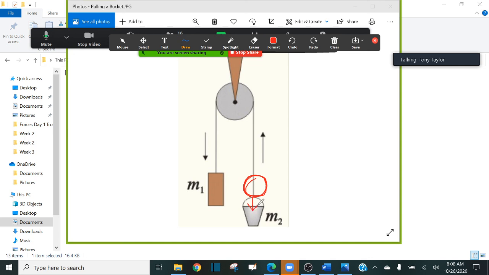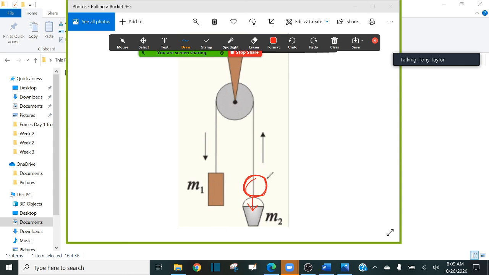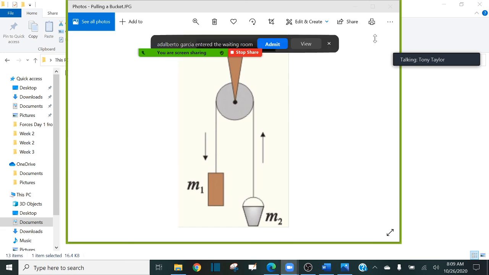That's Newton's third law. For every action, there's an equal and opposite reaction. Not only does the rope pull on the bucket, it also pulls back on the rope. Just keep in mind that that is the force of tension.